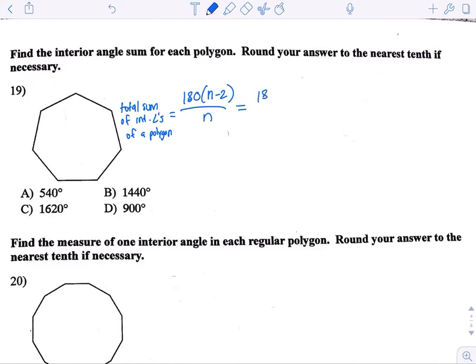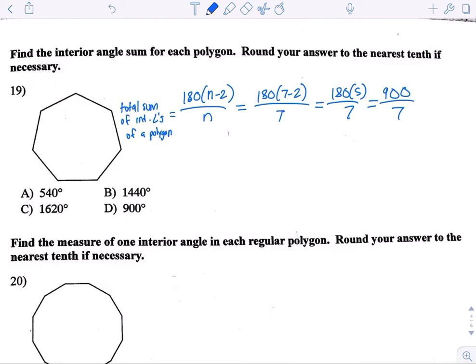So 180 times 7 minus 2 all over 7, which is equal to 180 times 5 all over 7, which is equal to 900 all over 7. 900 divided by 7, you guys. And I made an error.